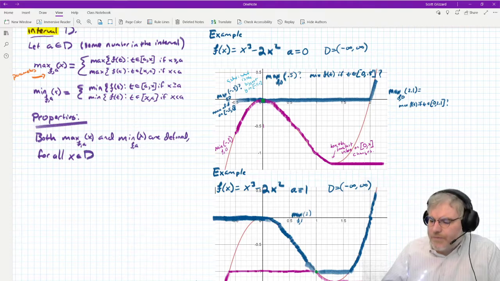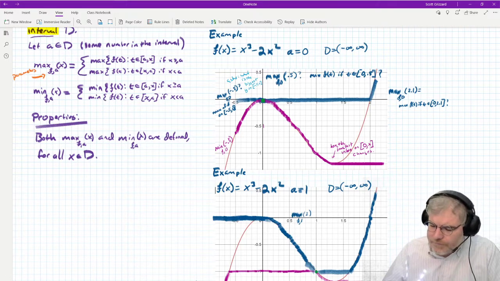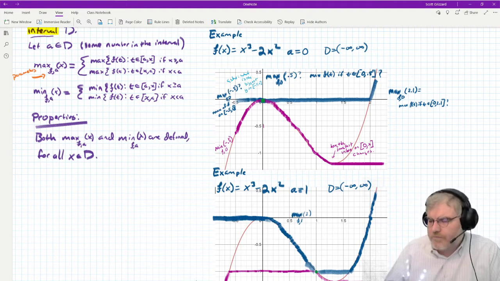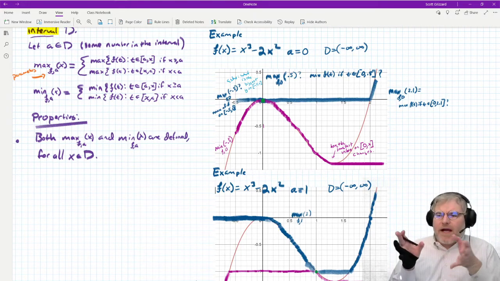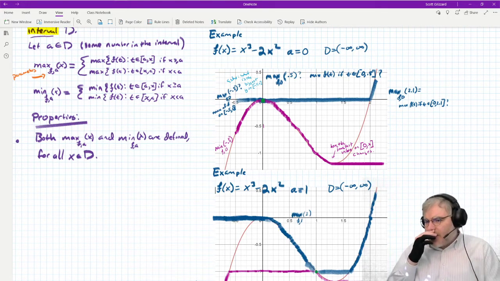Why is this true? Why are both of these true? By what theorem do I know that this thing is actually well defined?